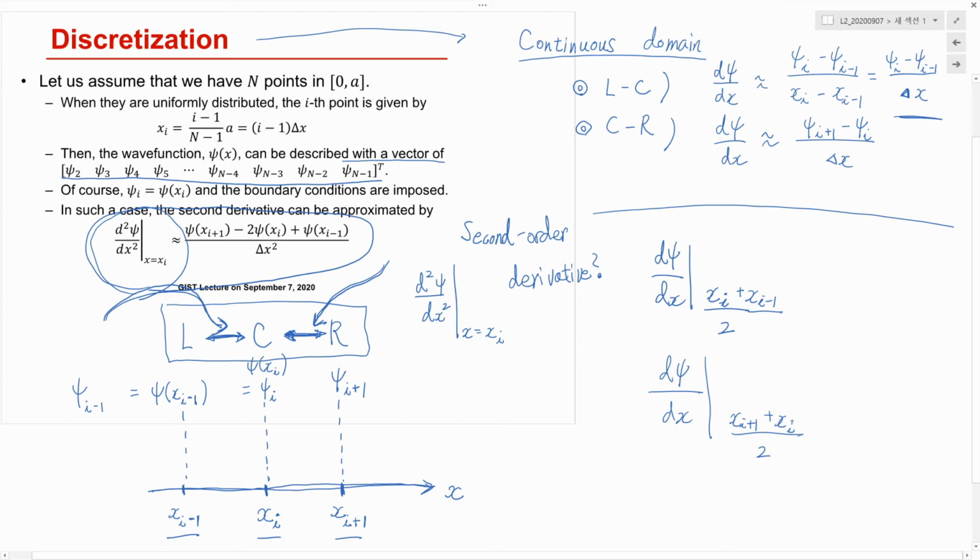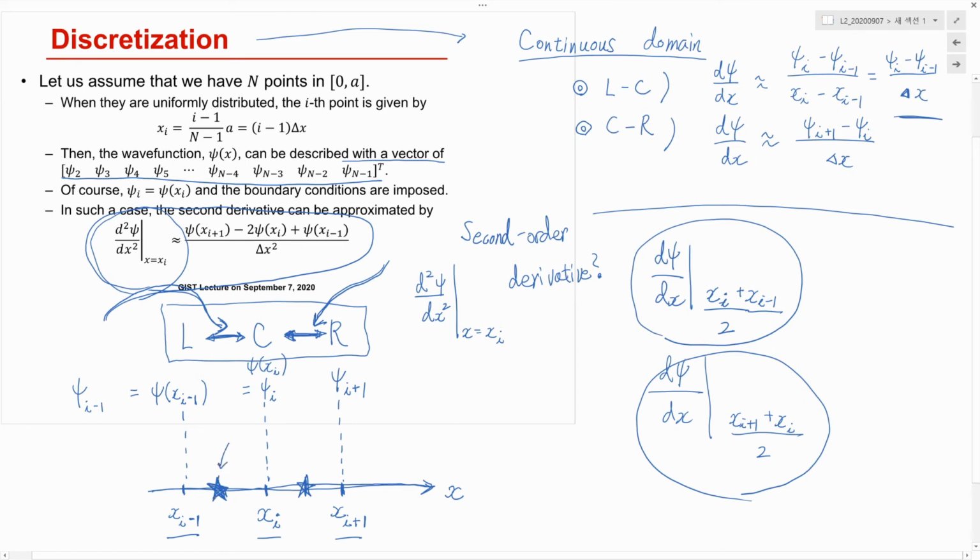If we have the first order derivative defined at this point and that point, why don't we just take another derivative of this newly generated function?